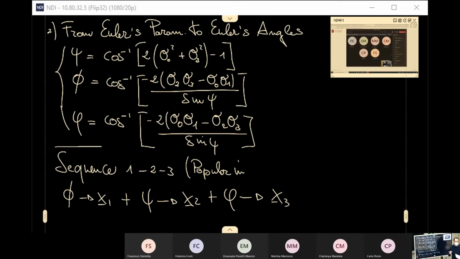So the 3-1-3 that we saw before is actually the original one, the one that was implemented by Euler to describe the gyroscope, okay? This one here is actually something very popular in the aerospace.